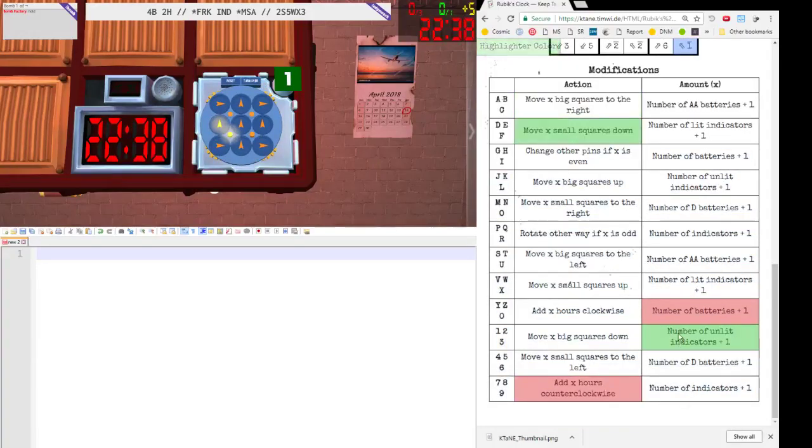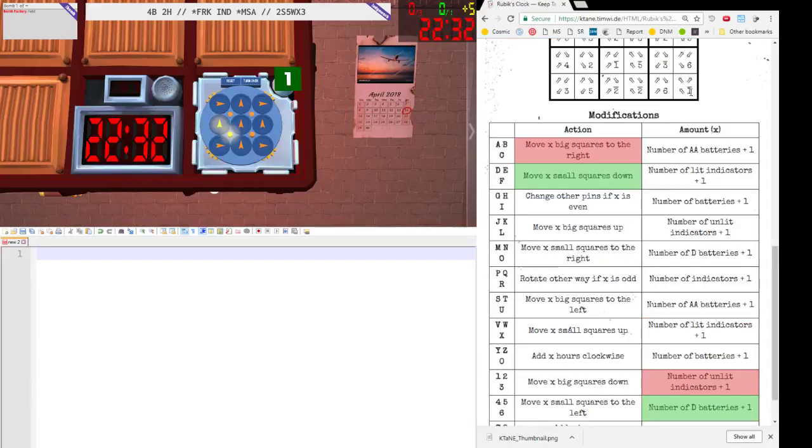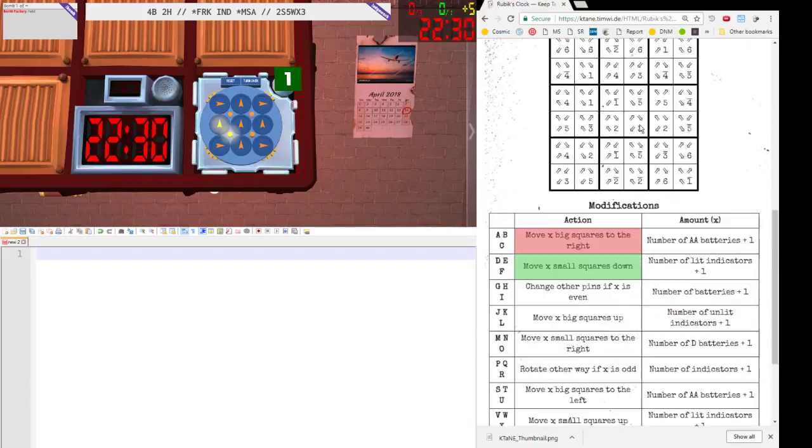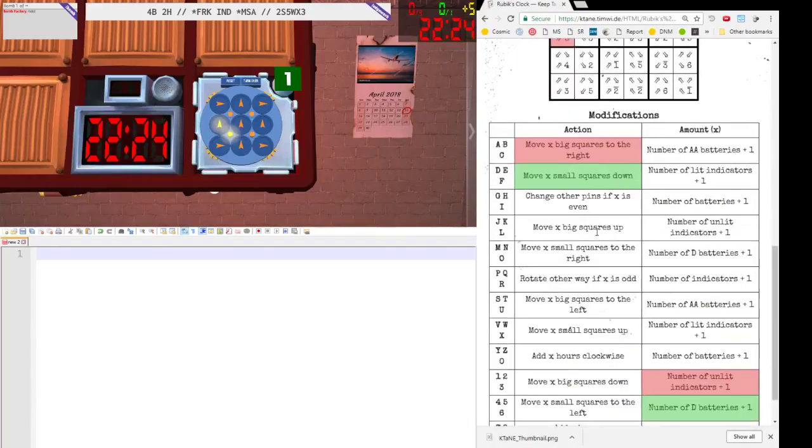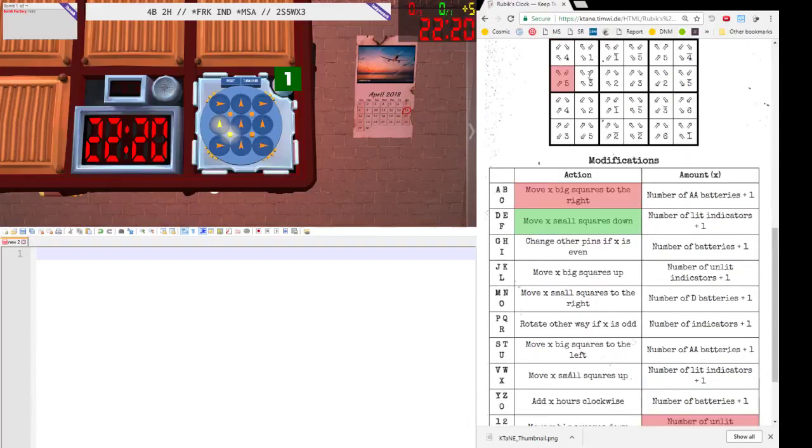Move the green down. Move the red down. Where are we starting, diffuser? Center left, bottom left. Center left, bottom left is here. Move x big squares to the right, where x is the number of unlit indicators plus 1. That gives me a 2, so we're moving 2 big squares to the right. Boop.